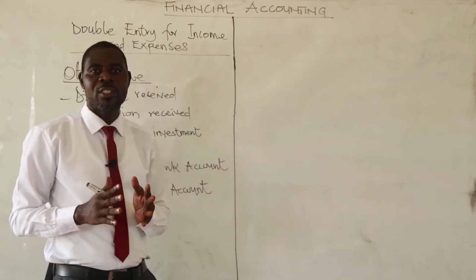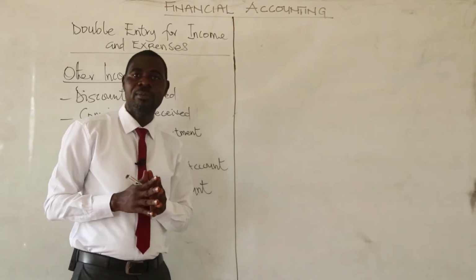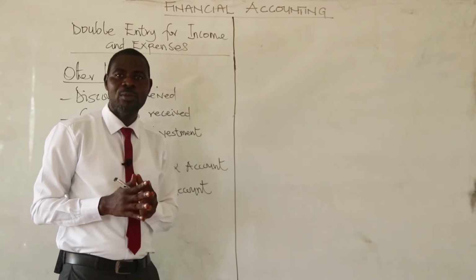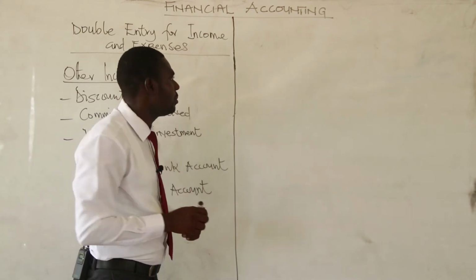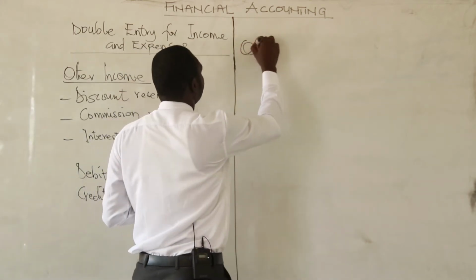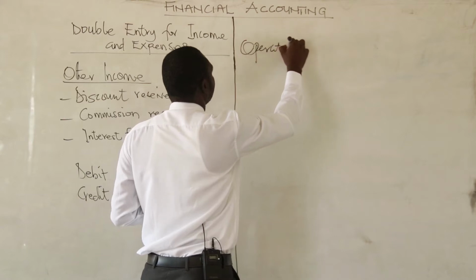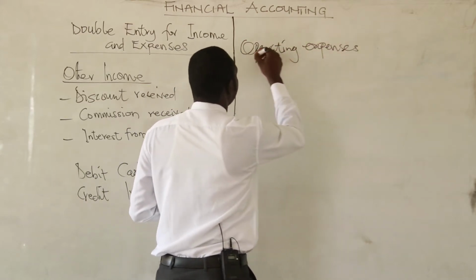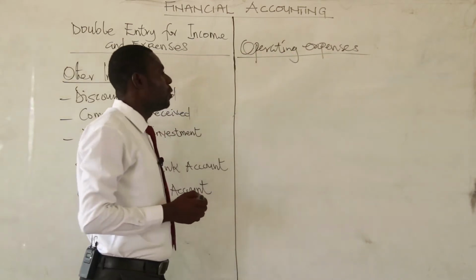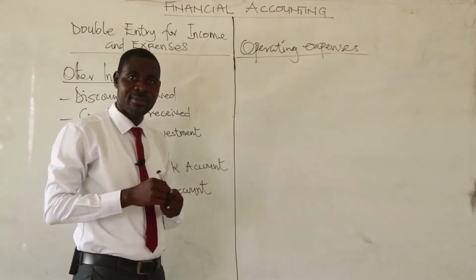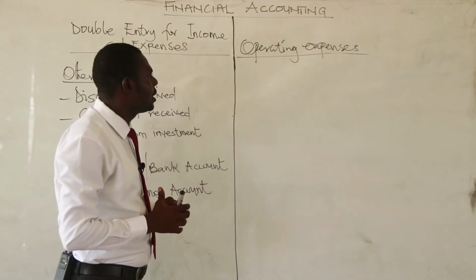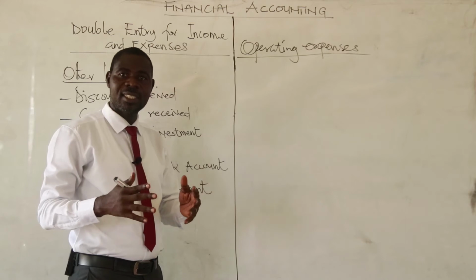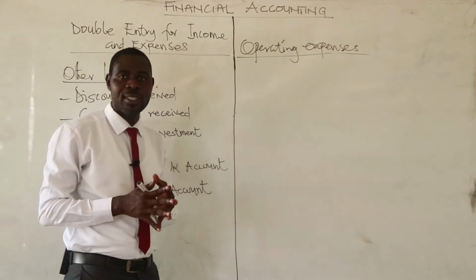There are so many expenses. I will list some of them on the board and we'll look at how the double entry recording is done. So we refer to those as operating expenses, in the process of undertaking business activities. Some of these expenses are incurred.